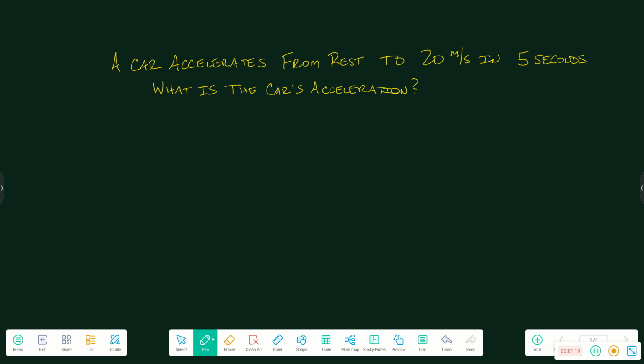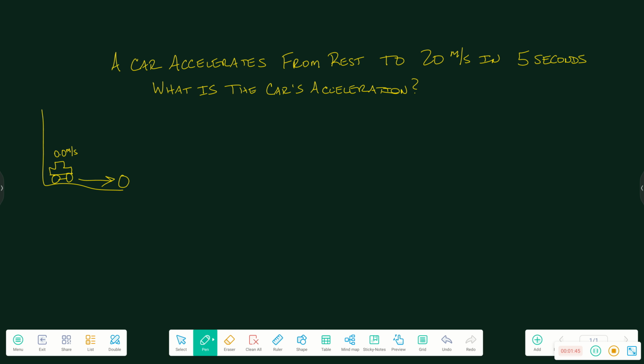Okay, so first things first, let's draw our scenario, what this is going to look like. So you have a car. This is where you all find out that I am not a Picasso. It starts from rest and is going to accelerate in the positive direction. So it's going 0.0 meters per second.